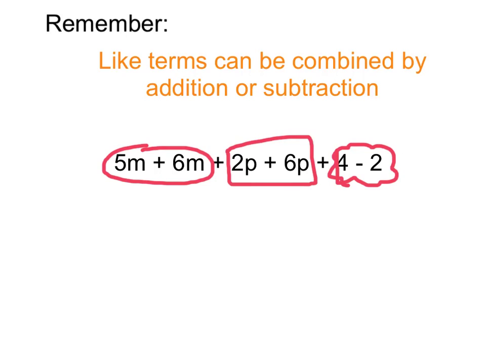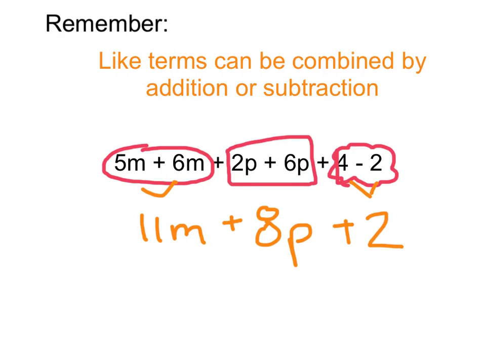So the first thing I need to do is combine 5m plus 6m, which means that I have 11 m's. I'm going to add that to my 2p plus 6p, which gives me a total of 8p. And then last but not least, I will be adding that to my combined 4 minus 2, which gives me 2.